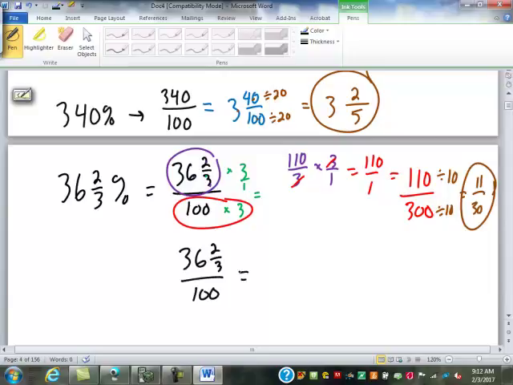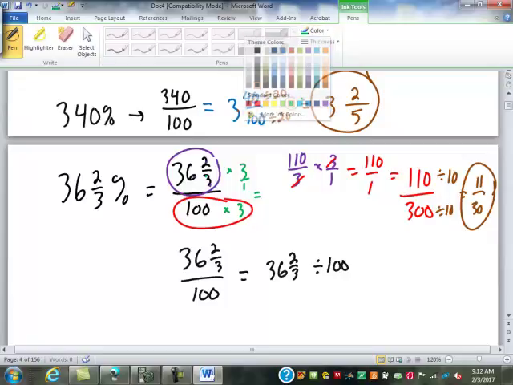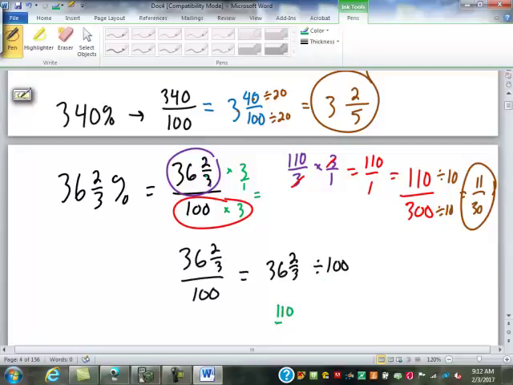So 36 2/3 over 100, I can make that 36 2/3 divided by 100. So then changing the 36 2/3 into an improper fraction, that is still 110 thirds. Making the 100 a fraction by making it 100 over 1. So I'm going to multiply by the reciprocal, 1 over 100.